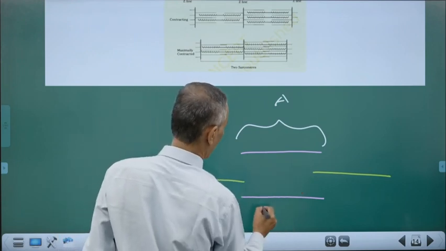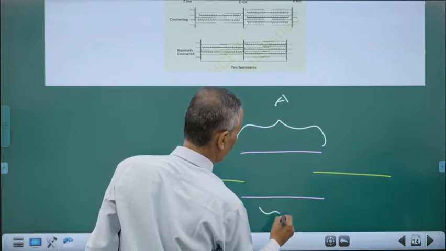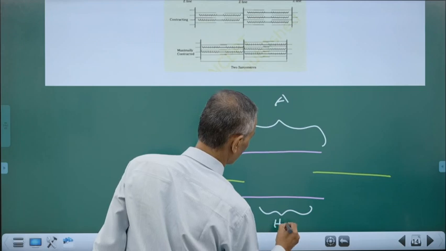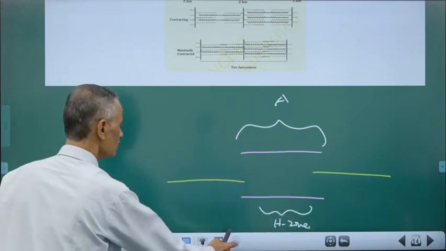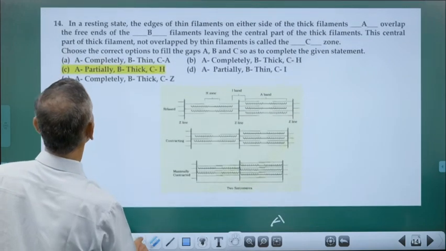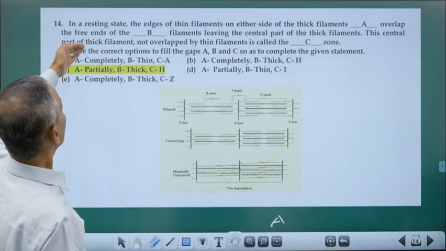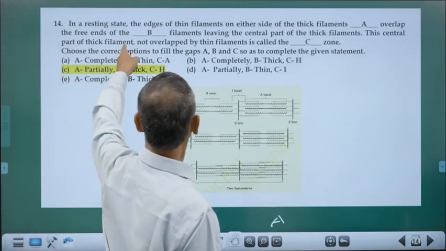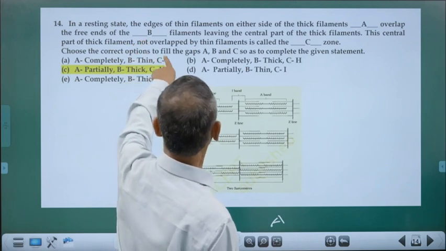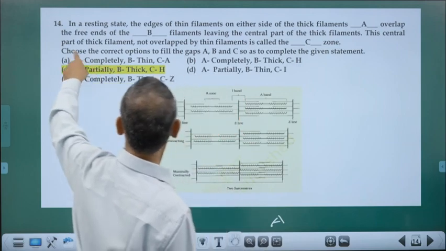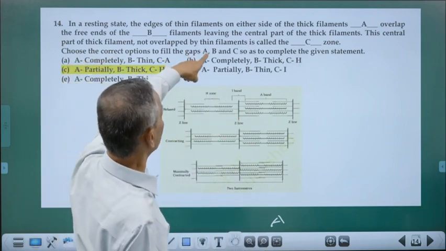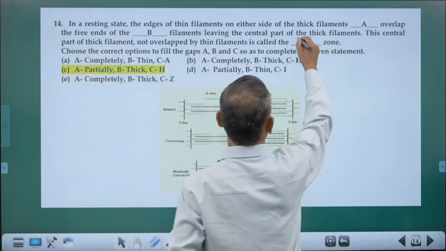In the central part, there is no overlapping. This forms the H zone. The free ends of the thick filament are overlapped, leaving the central part of the thick filament. This central part of thick filament not overlapped by the thin filament is called H zone.